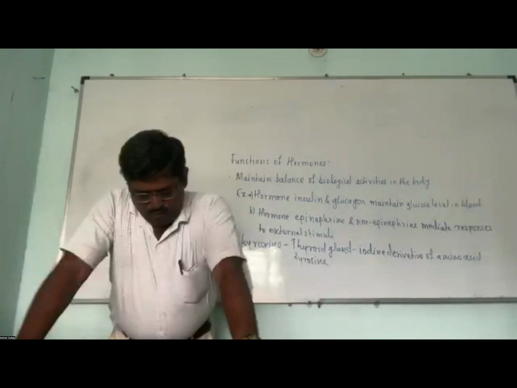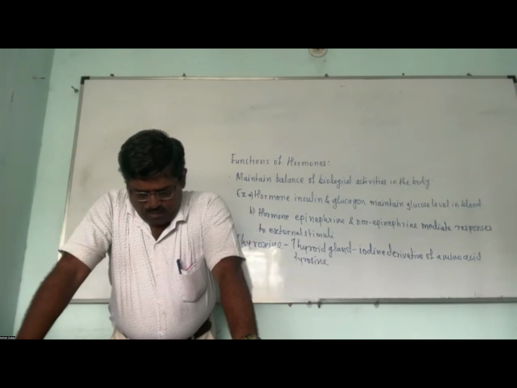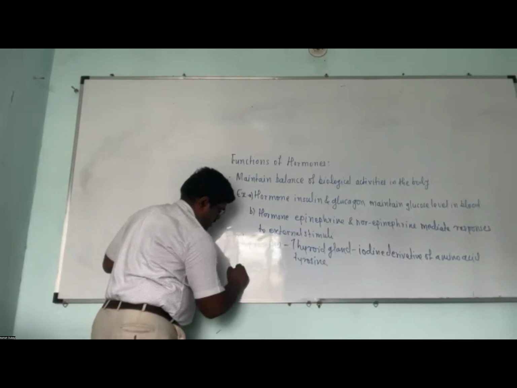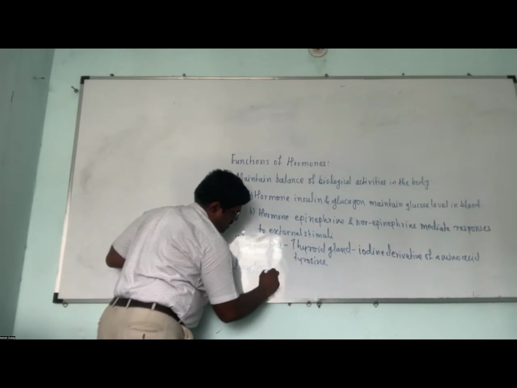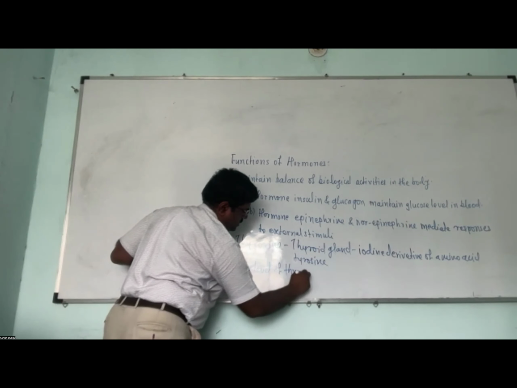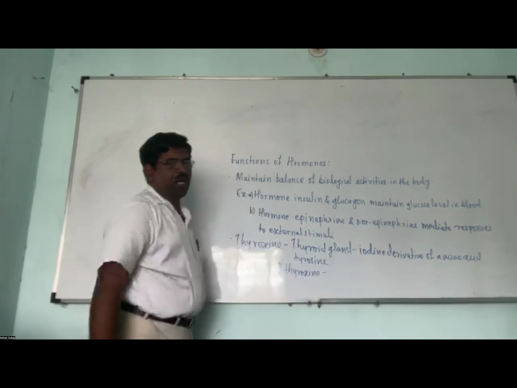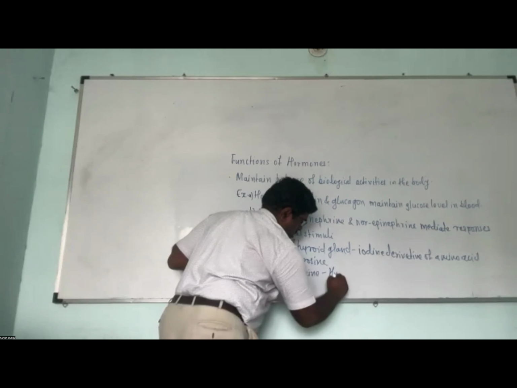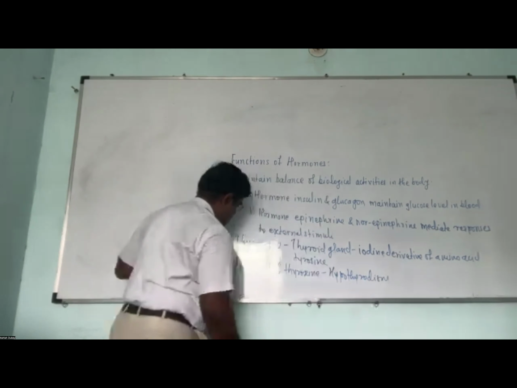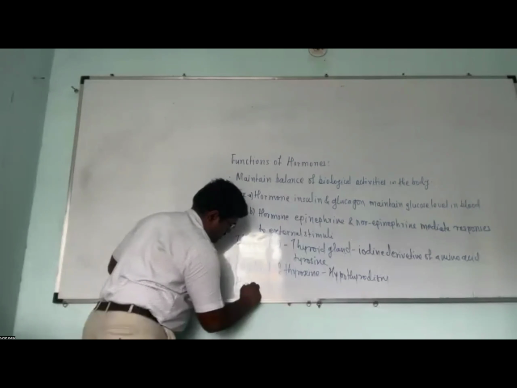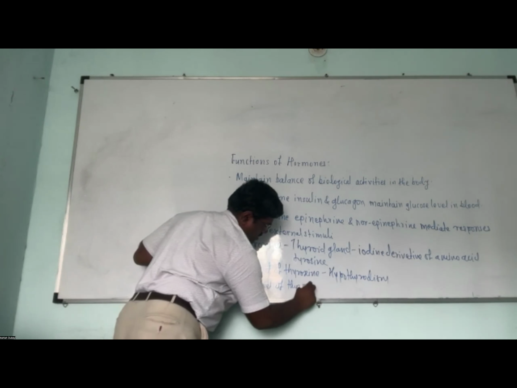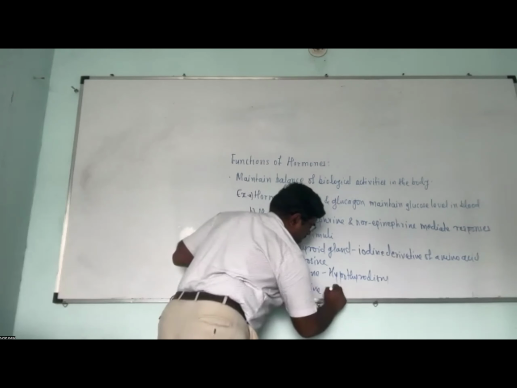Okay. Now, an abnormal low level of thyroxine leads to hypothyroidism, and a high level of thyroxine leads to hyperthyroidism.